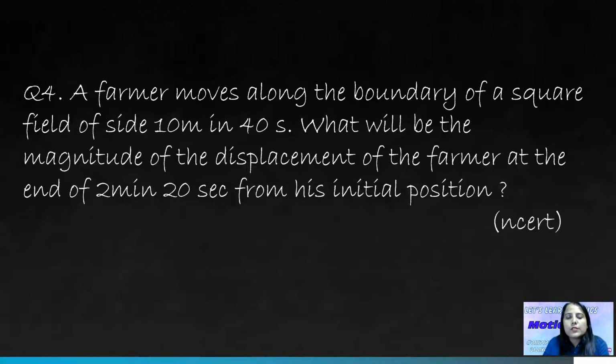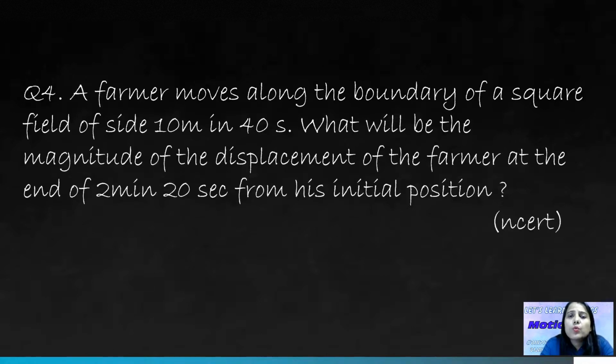Now let's solve this. A farmer moves along the boundary of a square field of side 10 meter in 40 seconds. What will be the magnitude of displacement of the farmer at the end of 2 minutes 20 seconds from his initial position? Now remember, read the question twice or thrice till you understand it better.